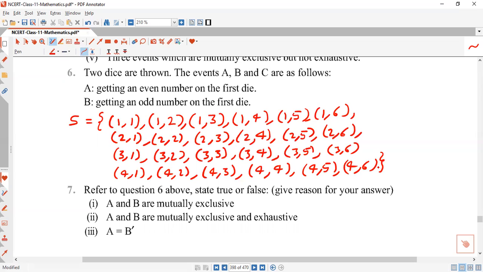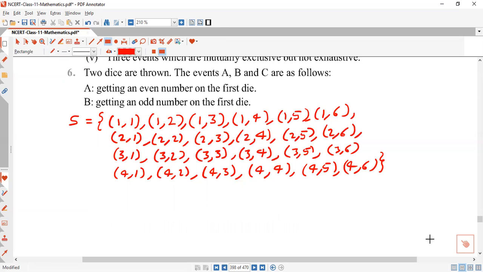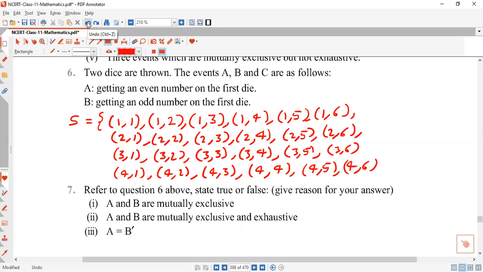We know the question is whether A and B are mutually exclusive or adjustive or B dash. We have to write the elements basically, not the values. Next, 5, 1, 5, 2, 5, 3, 5, 4, 5, 5, 5, 6.